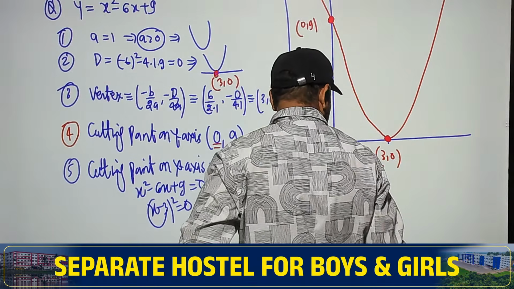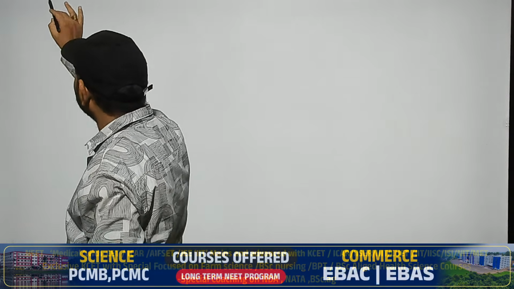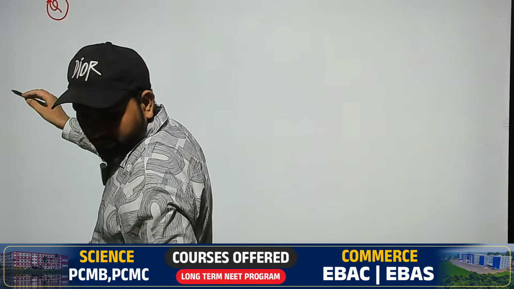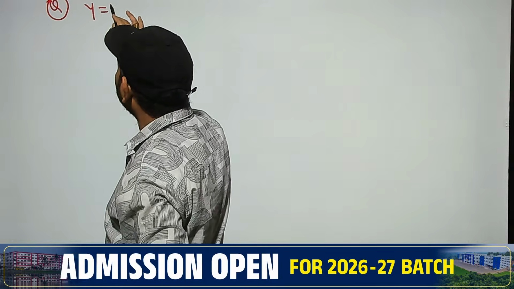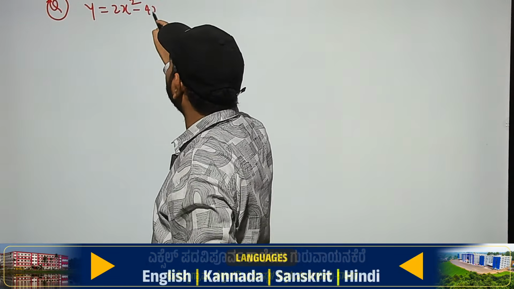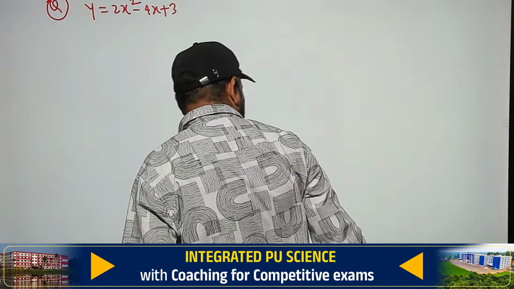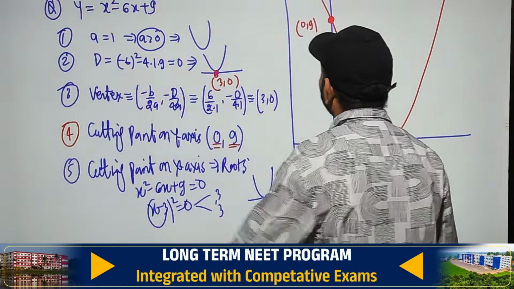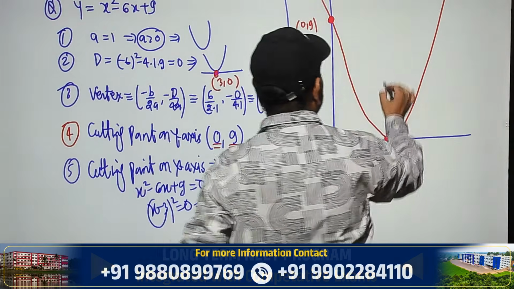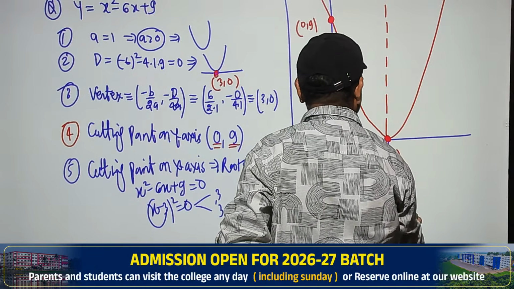I am not taking this one. Take this example. Let's suppose our question is y equal to 2x square minus 4x plus 3. Before this, you understood this one here. This line is x equal to 3 line.